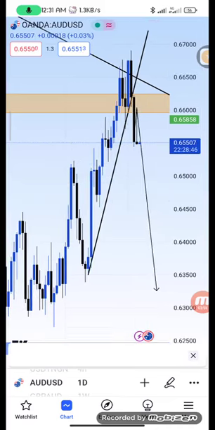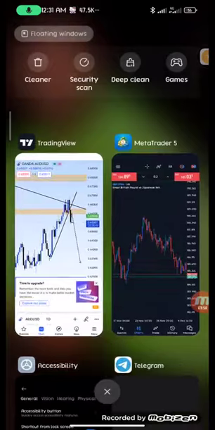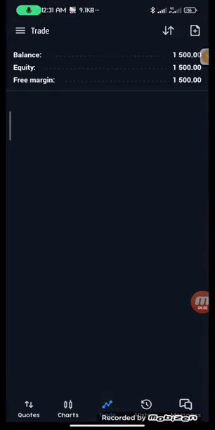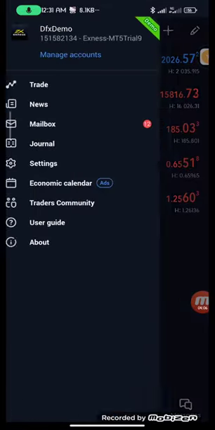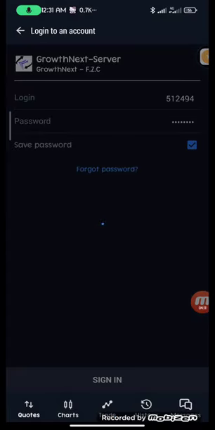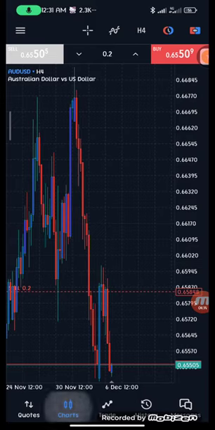I go to my TradingView, I analyze my charts, and I go back to my MT5 and I place my trade. My MT5 is actually linked to my broker. So any trade I'm placing on my MT5 is actually showing on my broker.